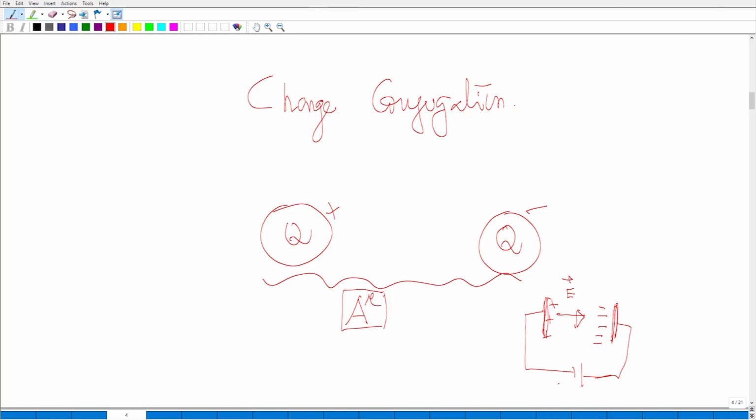So, now what we do is we reverse the polarities of the battery. That means we had a minus and a plus here, we reverse them. That means we take the plus over here and we take the minus over here. Then what will happen? These capacitor plates do not change their place, but the electric field which was from left to right now goes from right to left.